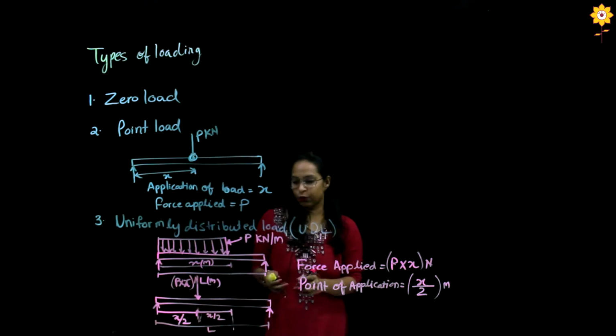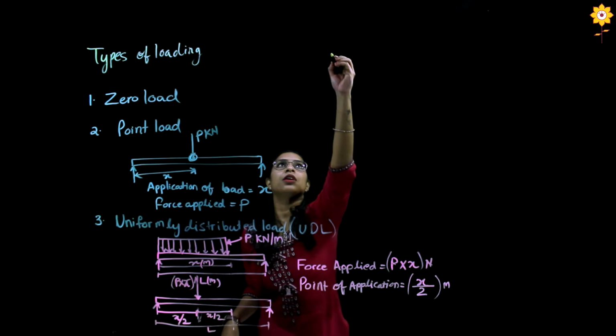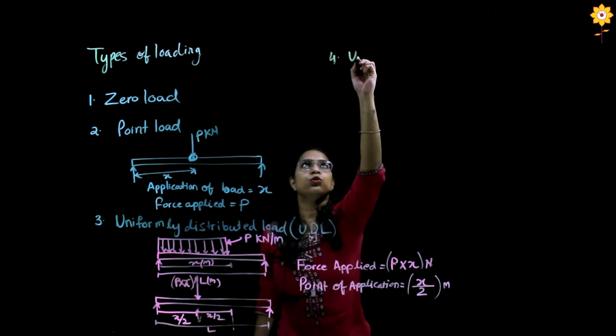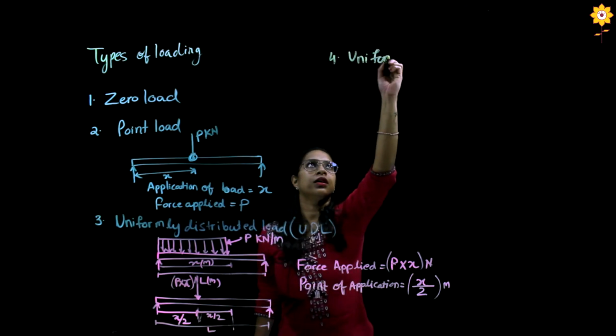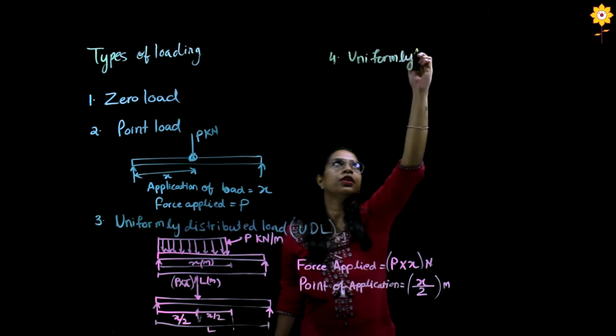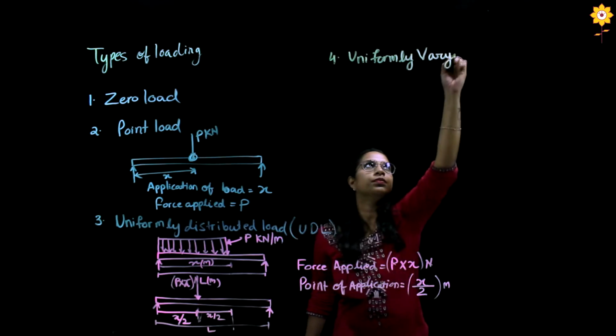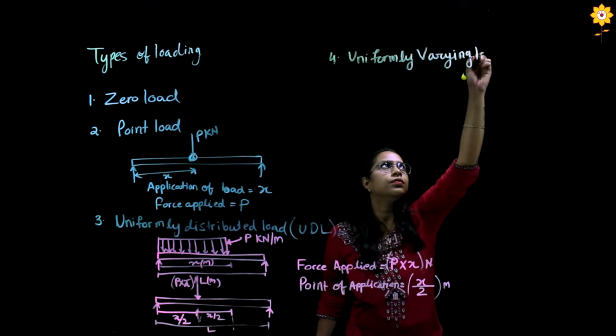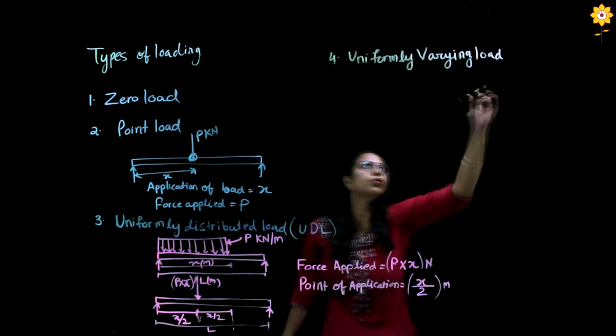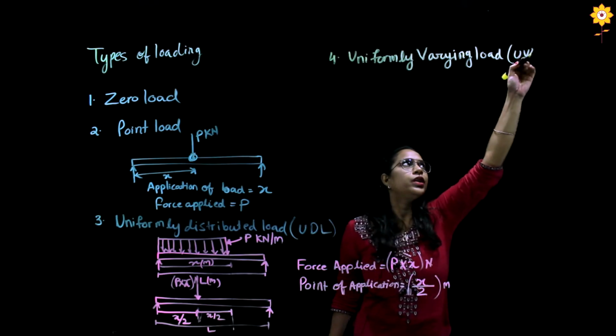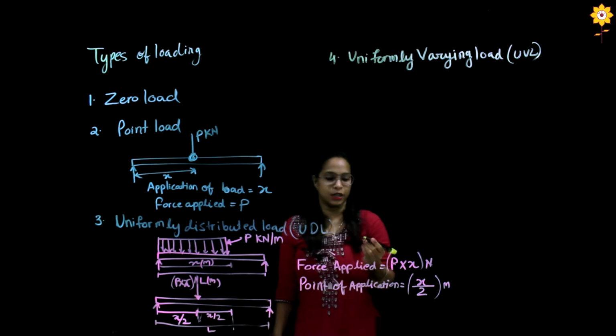Now the fourth kind of loading is the uniformly varying load. We call this UVL.